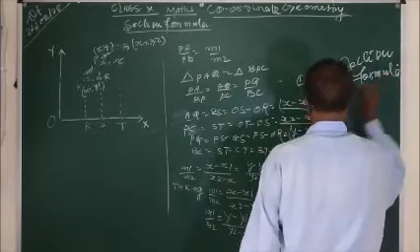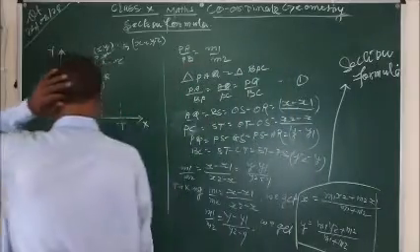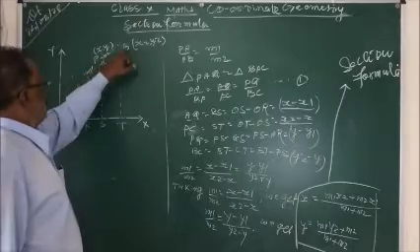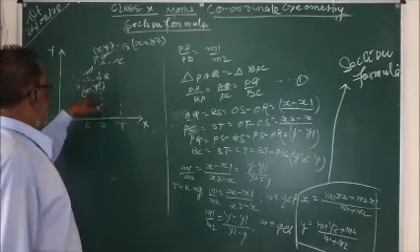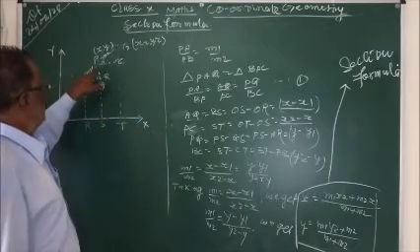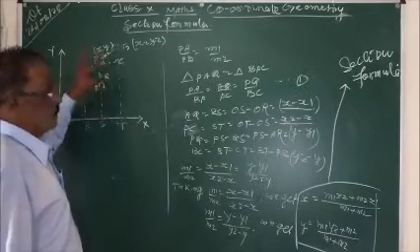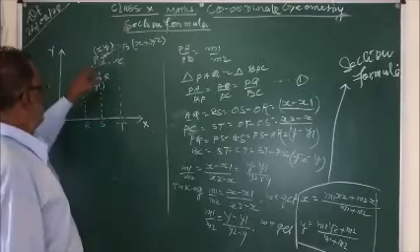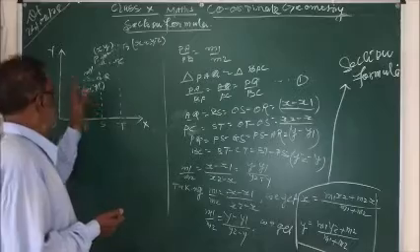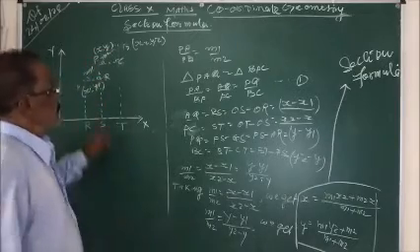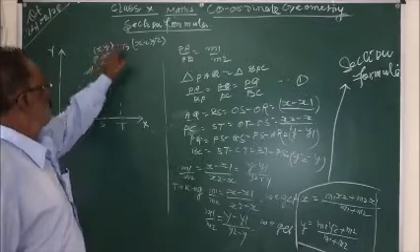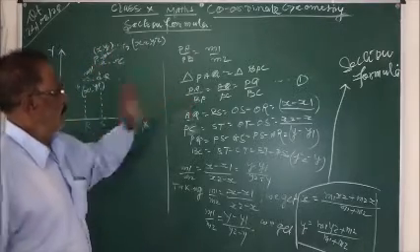So I re-explain in few words. Suppose A and B are 2 points whose coordinates are x1, y1, x2, y2, and a point P on AB anywhere. If you take a point P on AB, this AB will be divided in the ratio AP is to PB, that is PA by PB.